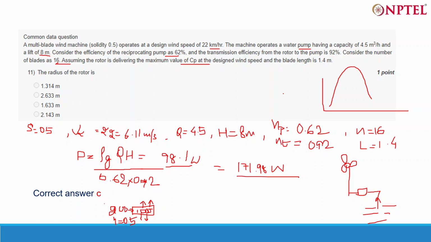If you look at the lecture slide, there is a curve where this is CP and this is lambda, and there is one more curve. Based on that, you get the value. CP max is 1.5, so the maximum CP value is 1.5 for this curve.